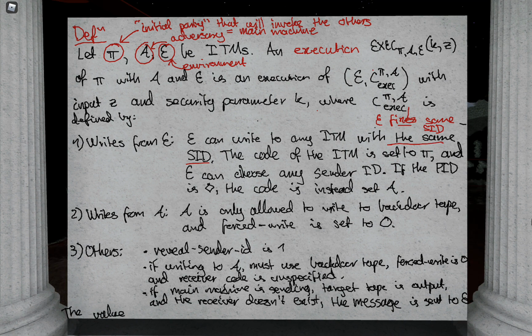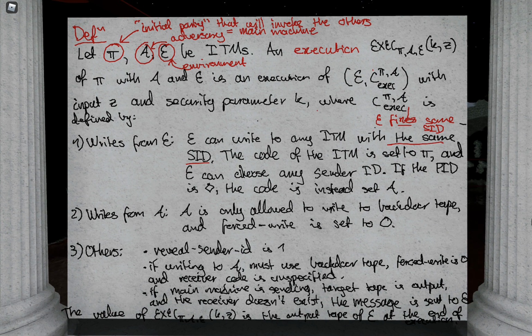The value of exec pi a e k comma z is the output tape of E, whoops, at the end of execution.